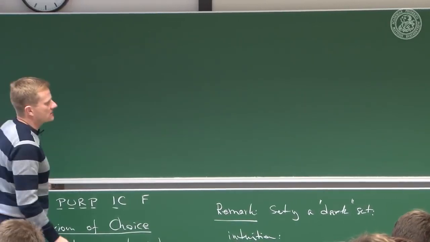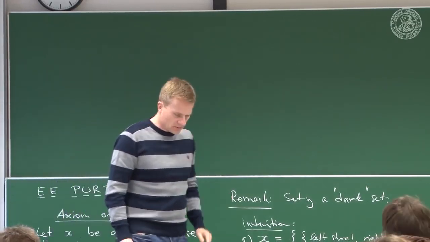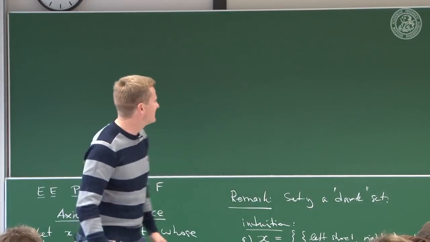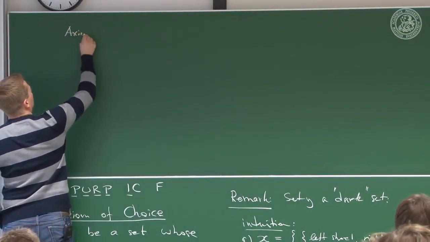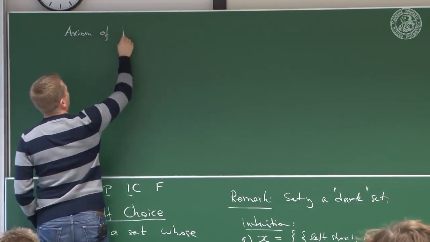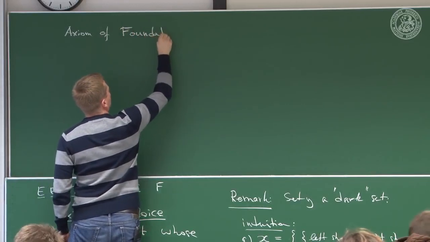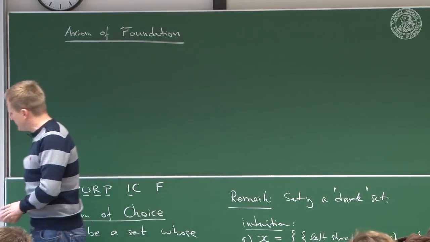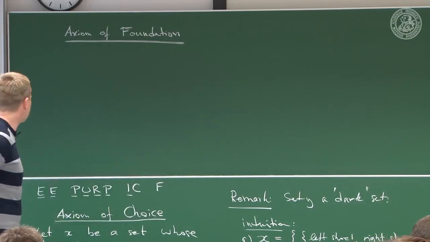So the final axiom is not an existence axiom like some of the others, or a construction axiom. It's more like a non-existent existence axiom. That's the axiom of foundation. Notwithstanding its name, it was one of the axioms that were introduced last into set theory.